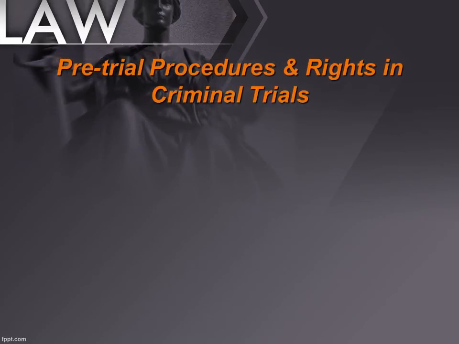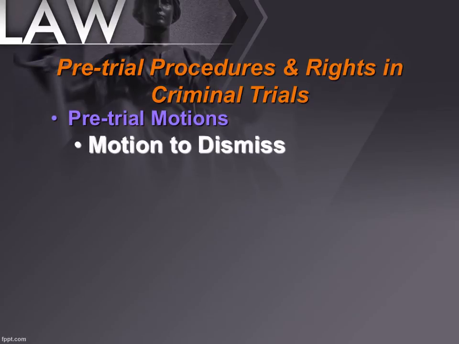Procedures and some pretrial motions. We're not going to go through all of them, and I'm going to go through them very quickly because they basically do the same type of things. Pretrial motions would include such things as motion to dismiss. This is where there's a failure to state grounds on which to proceed. Okay? You would file a motion to dismiss.